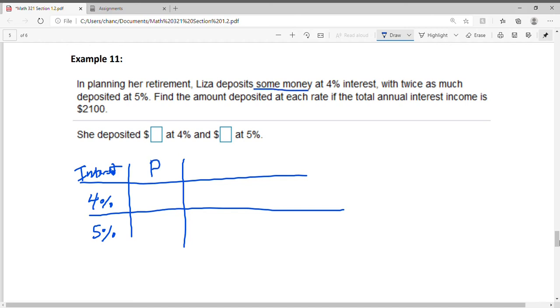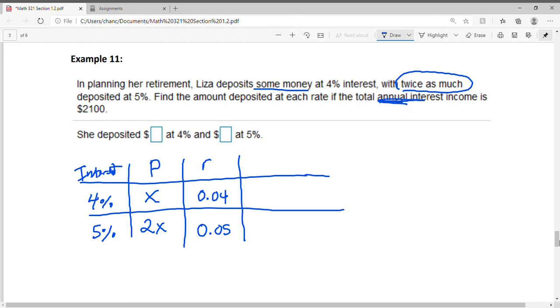They said some money, so we'll say she put x amount of money at 4%. The 5% is twice that amount, so let's call that 2x since it's twice. Now our rate R is the interest, so that's 0.04 as a decimal, and 5% is 0.05 as a decimal. Now in each of these cases, we're talking about 1 year, so the time is just 1 year for both of these accounts.